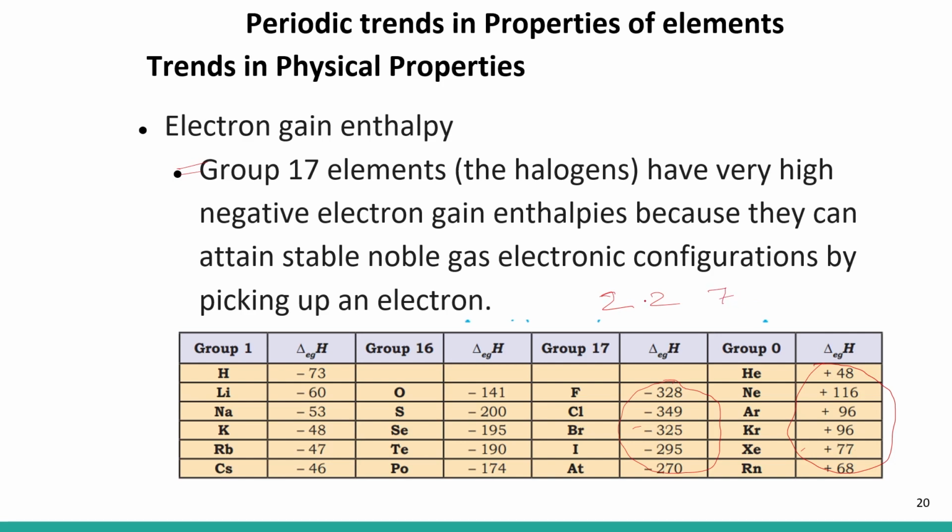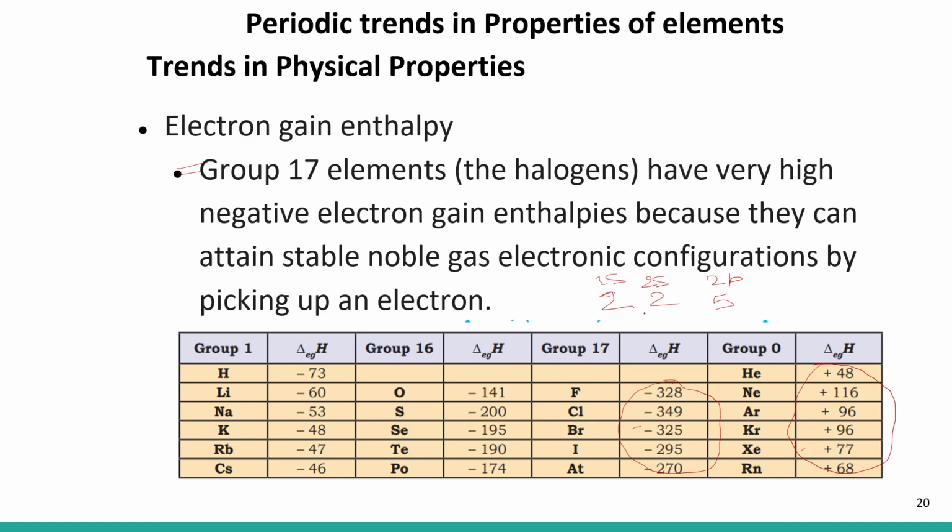No. The electronic configuration of fluorine is 1s2, 2s2, 2p5. So 2 plus 5, that is 7 in the second shell. So if we add one electron to this shell, its octet will be completed.